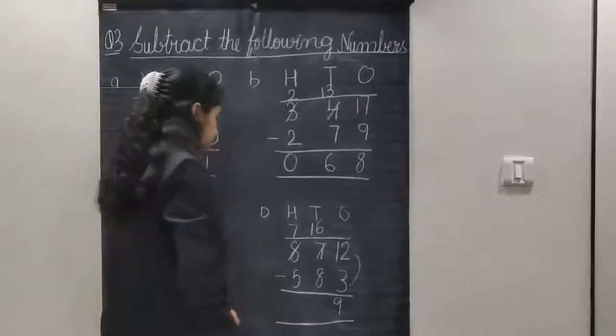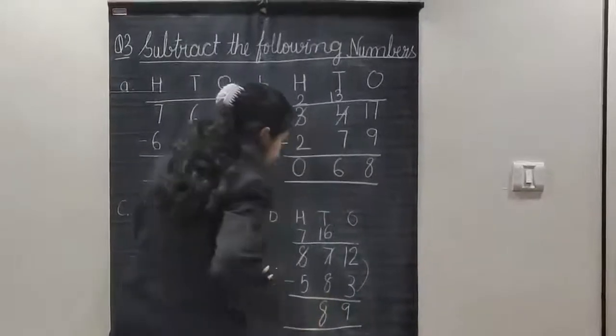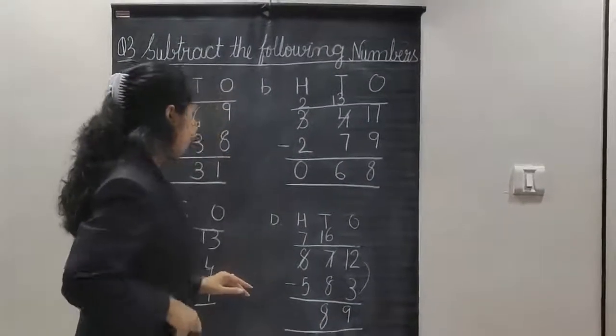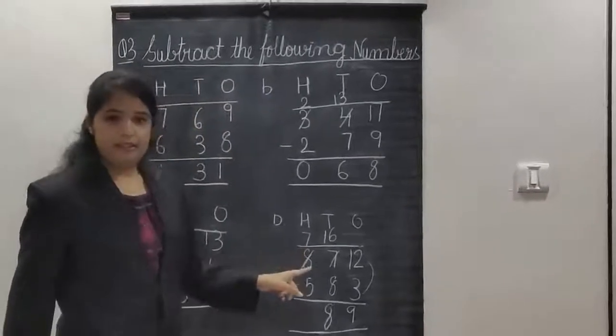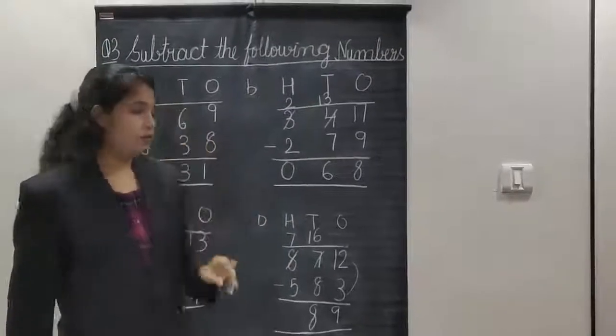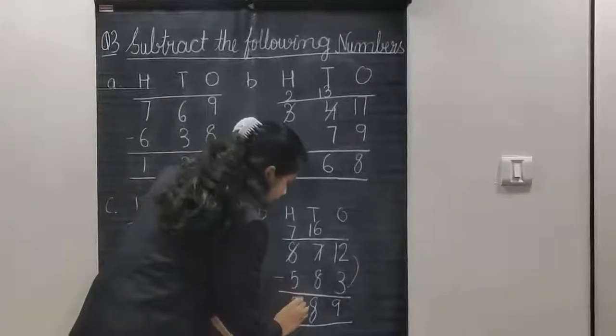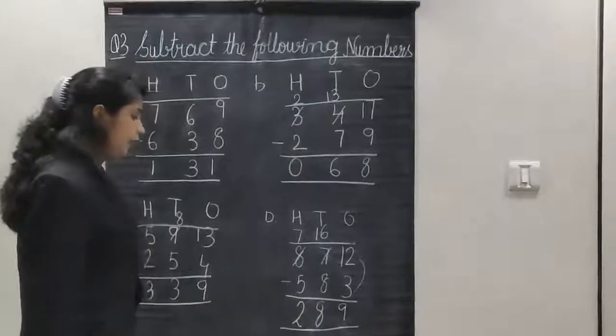So the answer is 8. And the last one at the 100 place is after 5 till 7. After 5, 6, 7. So 2 on my fingers. So the answer is 289.